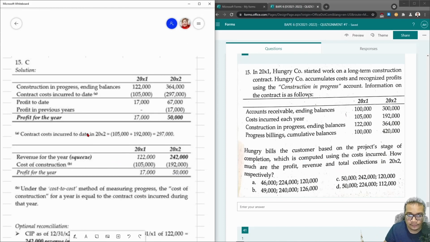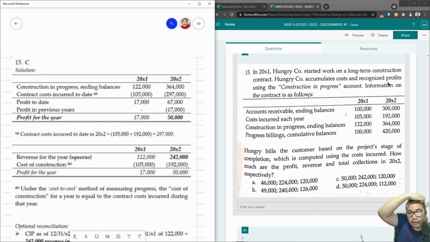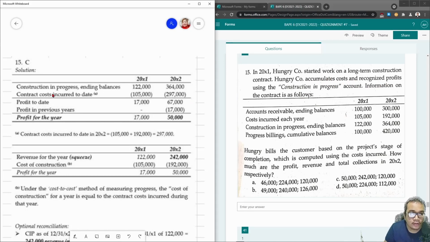So, magkano ang profit natin? Tandaan nyo, ang construction in progress, dyan pinapasok yung accumulated cost and yung mga recognized profits. So, yung construction in progress natin, ending balance, basically, yan yung revenue, di ba? Revenue yan siya. Construction in progress, ending balance, kasi nandyan na yung cost, nandyan din yung profit.